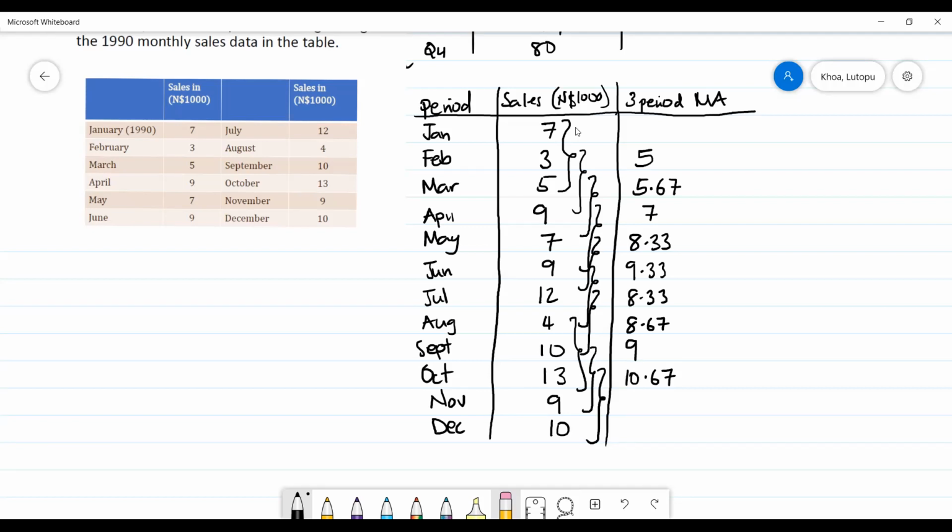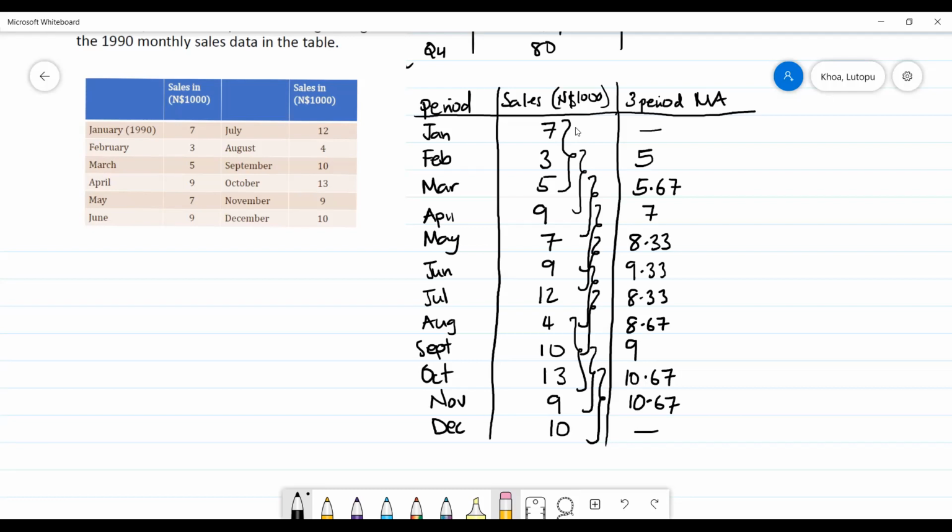This is 32 divided by 3. This is 10.67. And then we stop there because if I take 9 and 10, I don't have another value here to add. So I don't work out the first and the second. So these are my 3-period moving averages.